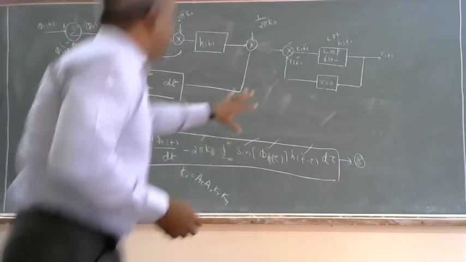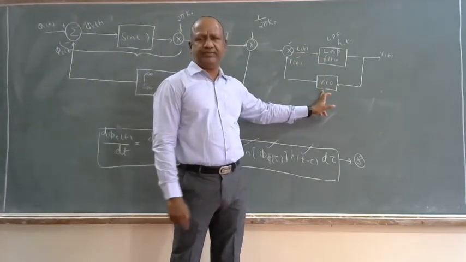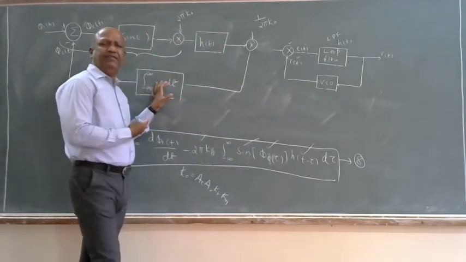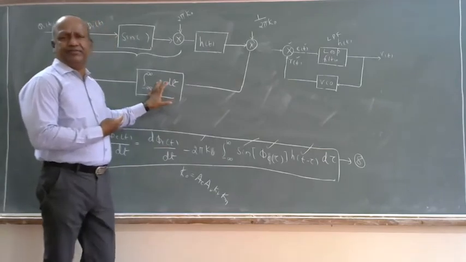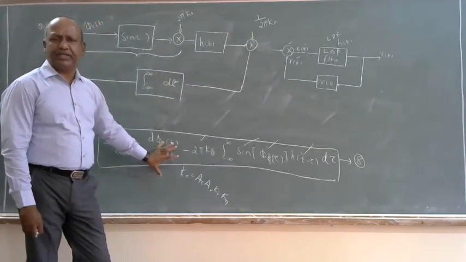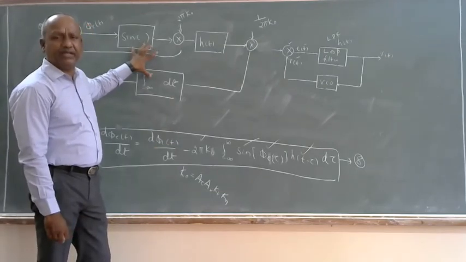Basically my PLL is this multiplier, loop filter, VCO. When I analyze the PLL for the given 2 inputs, I get this mathematical equation, and based on it my model becomes like this.